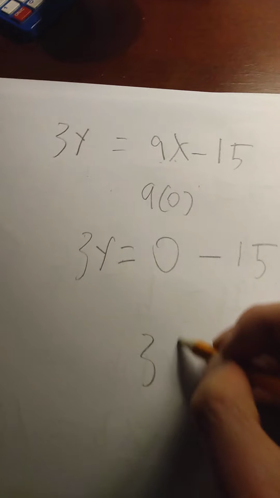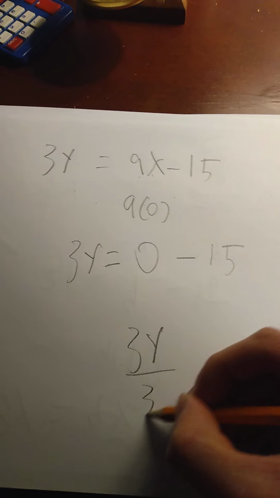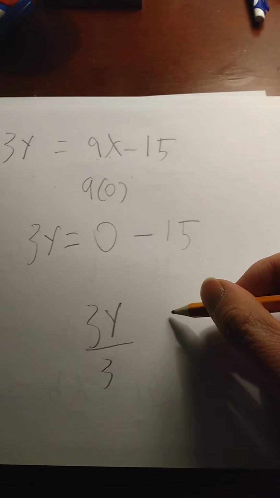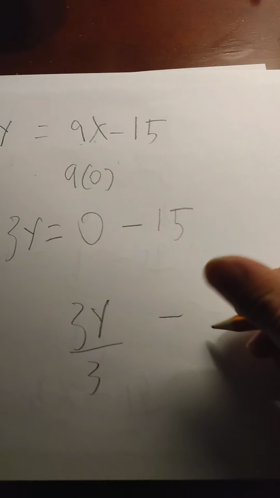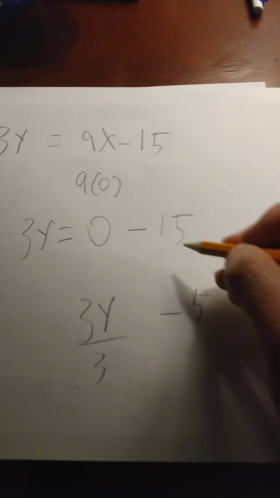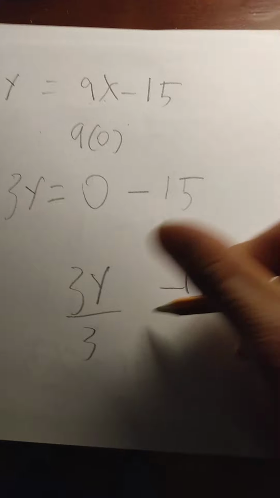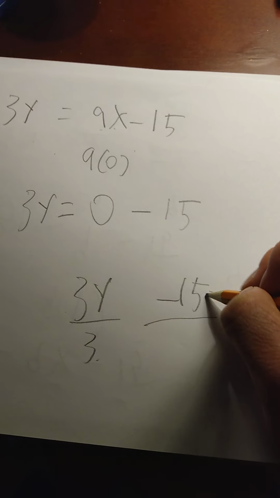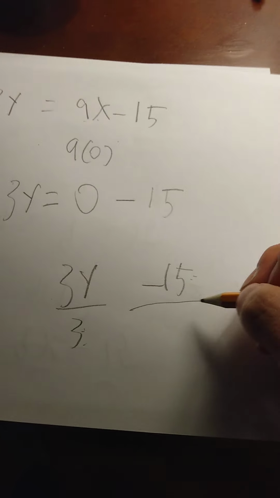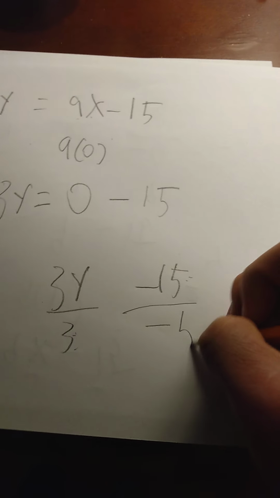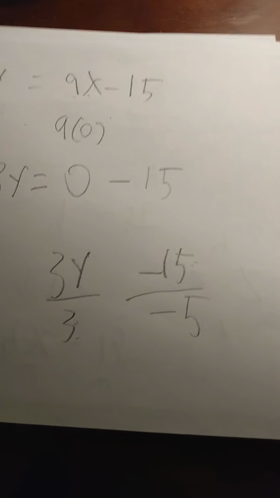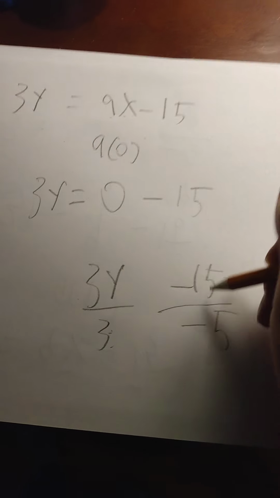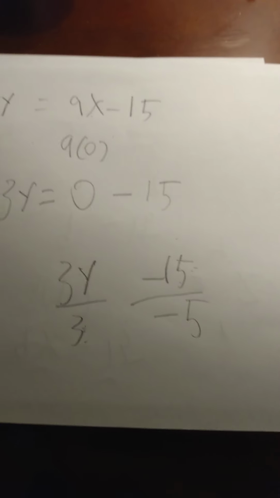If we divide negative 15 by positive 3, a negative divided by a positive is going to be a negative, so that will be negative 5.